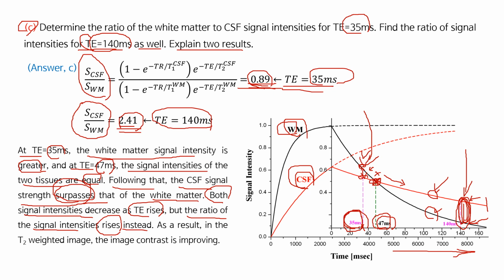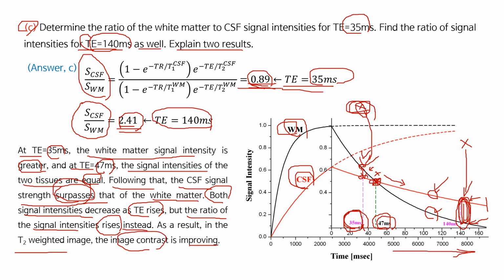This means that we have more contrasted images here compared to here. As a result, in the T2 weighted image, the image contrast is improving.